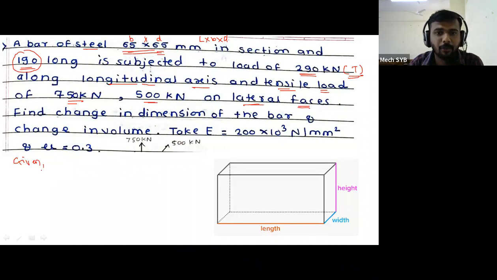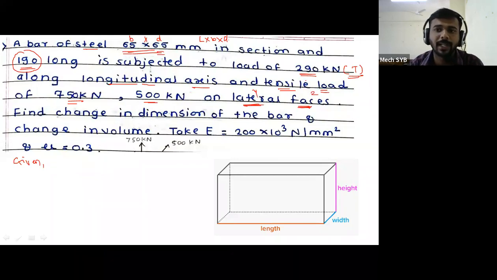So please keep in mind, and you can write down in your notebook also. Longitudinal means we have to consider this as the x-axis. Longitudinal axis is equal to x-axis. Longitudinal means it is horizontal. And whatever the lateral faces are there, we have to consider one as y, and another lateral face as z.